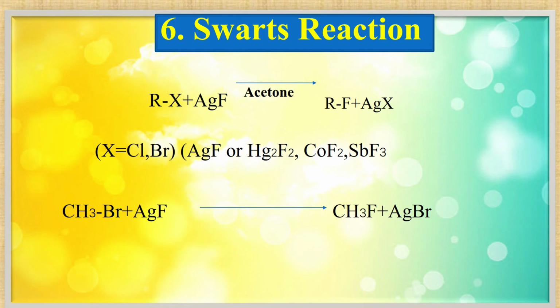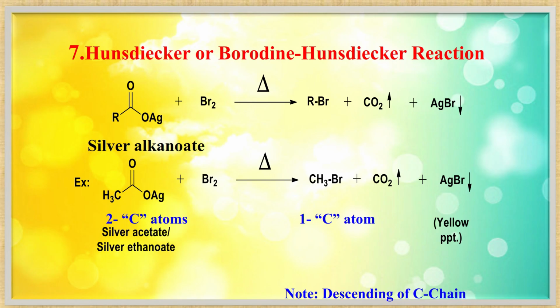Let us see the next one, the Hunsdiecker or Borodin-Hunsdiecker reaction. Students, this method is best to prepare alkyl bromide. Here the reactant is the silver salt of carboxylic acid, RCOOAg. On the screen you can see the formula RCOOAg, called silver salt of carboxylic acid or silver alkanoate. When this is treated with the reagent bromine and heated, means heat is the catalyst here.